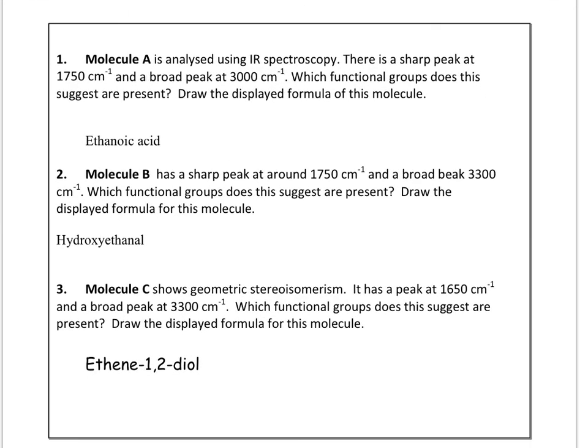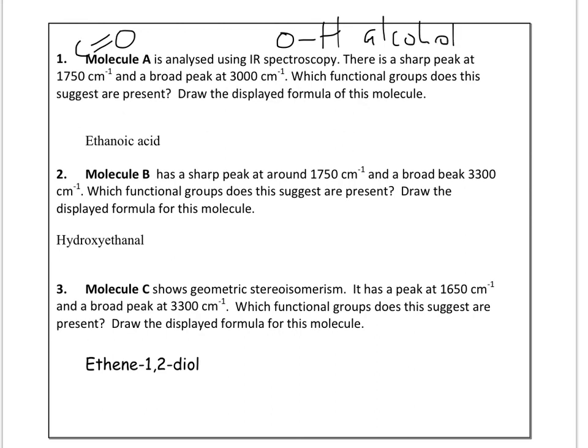So, molecule A was analysed, and it had a sharp peak at 1750 and a broad peak at 3000 wave numbers. Which functional group does this suggest? Well, that is C double bond O, that is OH, and it is the alcohol. No, it's not. It is the carboxylic acid.